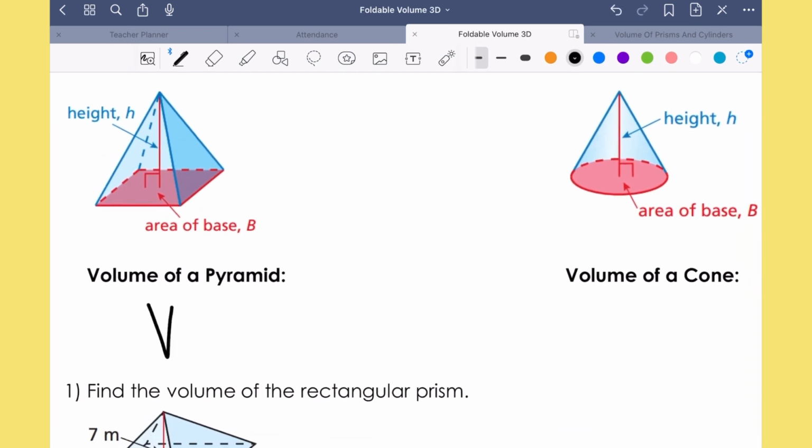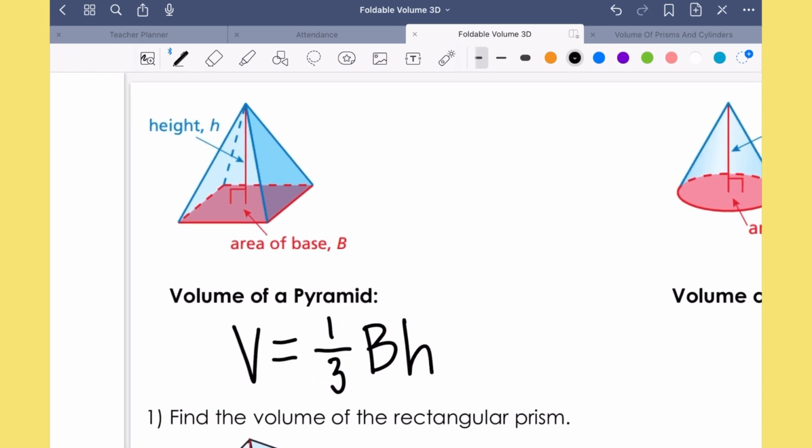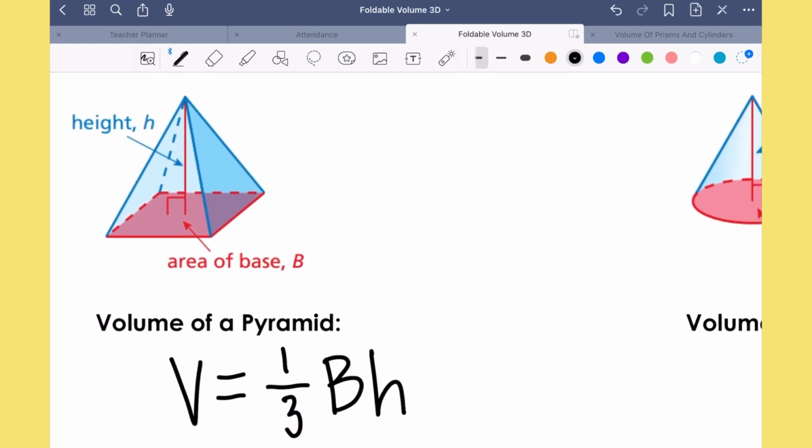So for a pyramid, our volume is equal to 1/3 times the area of the base times the height. Okay, so I have this visual here just to emphasize that the area of the base is a separate calculation that we do.